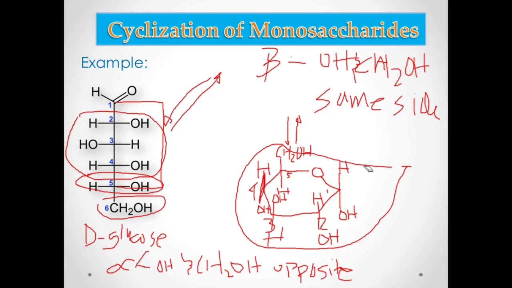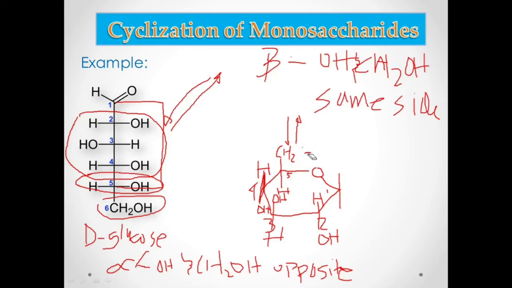For example, I will erase that, and this also. So I have CH2OH. If the CH2OH in carbon number 5 is found at the top, therefore you will also put the OH on carbon number 1 at the top, and your H would now be at the bottom.